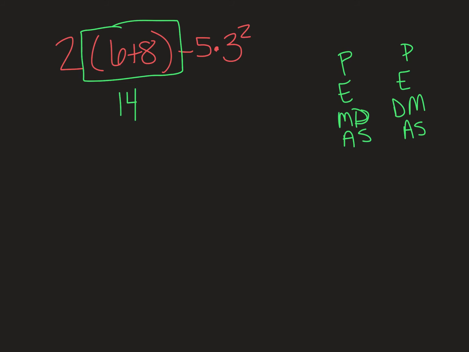Remember, you have this 2 smushed against the parentheses. When a number is smushed right against a parentheses, it's multiplying. So you could write it a couple of different ways. You could keep the 14 in parentheses and write the 2, or you could just write it out 2 times 14.